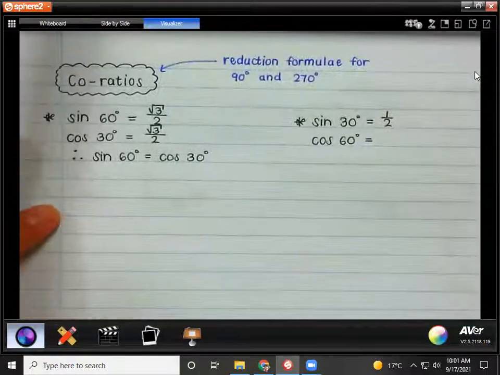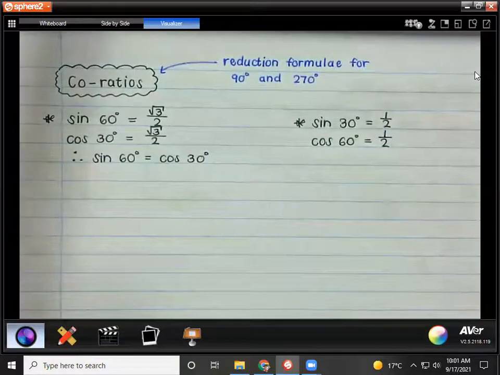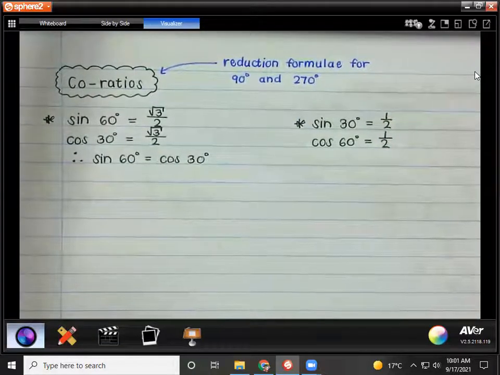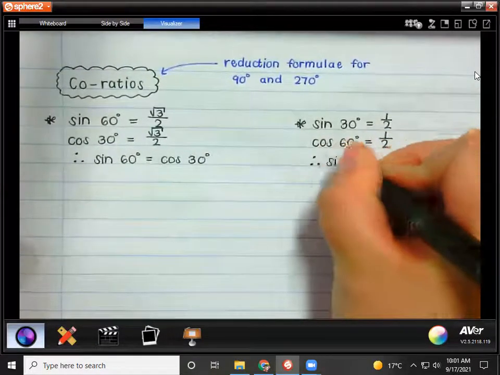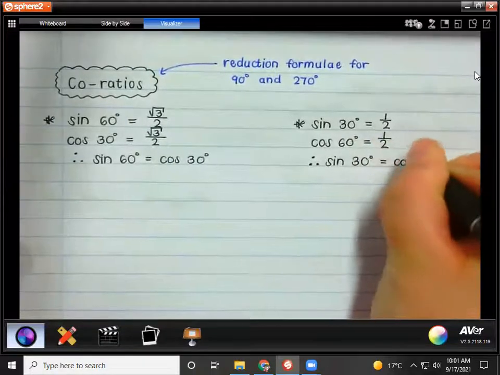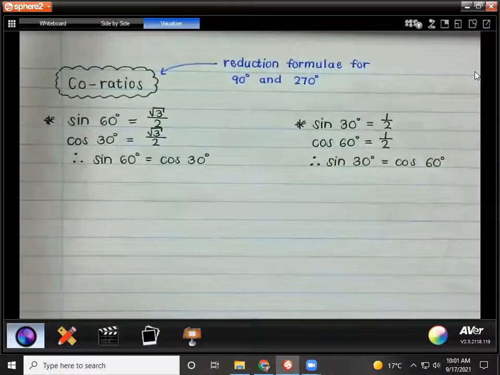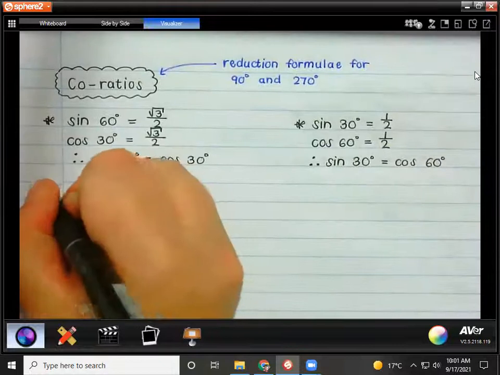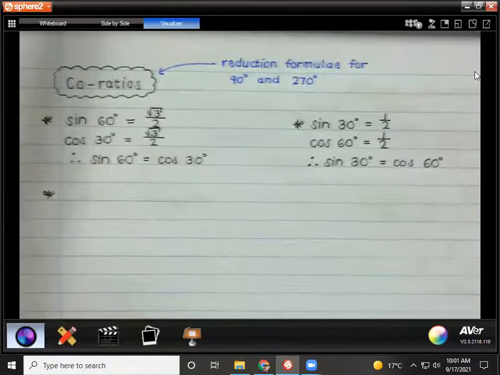So cos 60 is actually also a half. Those two are the same value, so therefore they are equal to each other. Sine 30 is equal to cos 60.